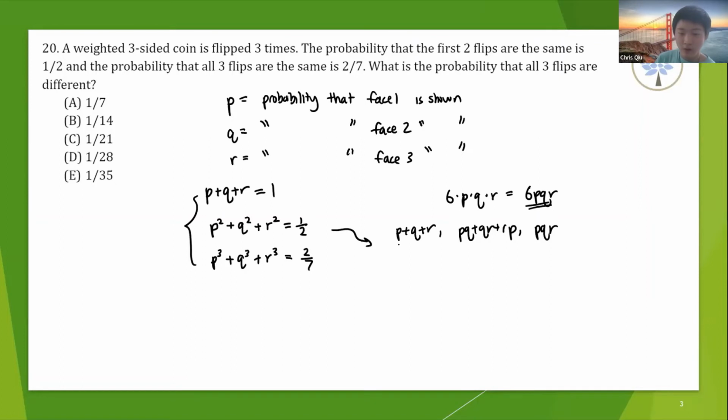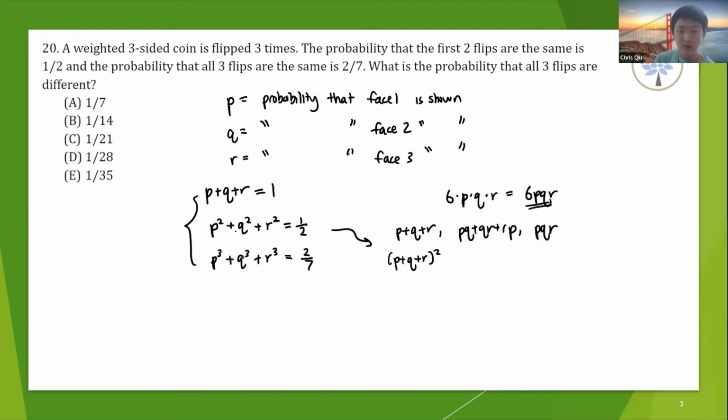And these are what we call elementary symmetric polynomials. The reason we want to calculate these is because these are relatively easy to work with. So let's write out this expression, P squared plus Q squared plus R squared, in terms of these elementary symmetric polynomials.